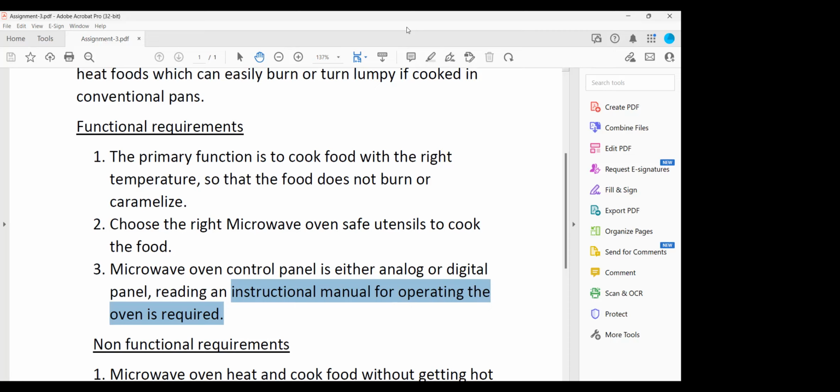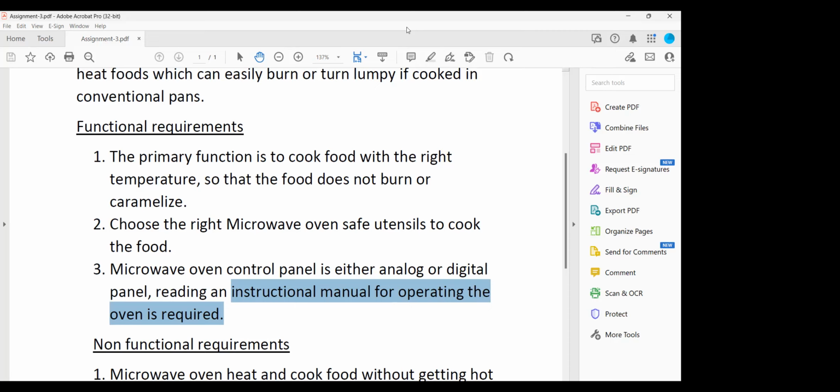Maintainability: how easy it is for you to maintain. It can be a mobile or it can be an oven. If there are any issues, you will take it to the repairer, right? So how easy to maintain, how easy to repair?